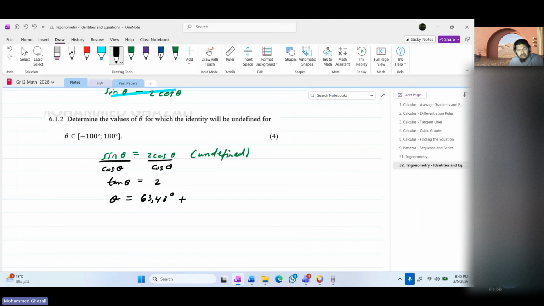We're solving for a general solution because we want an answer between minus 180 and 180. Tan is positive in the first quadrant only, so there's only one quadrant solution. Now we need to take different values of K and see which ones work.